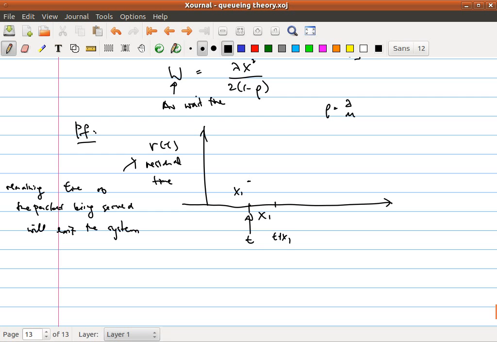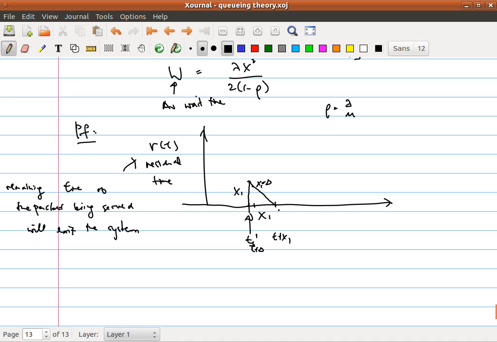As t progresses, at time t plus delta the residual time will be x1 minus delta, and at t plus 2 delta it will be x1 minus 2 delta. Apparently this is a straight line, just a triangle, if you look at the residual time.